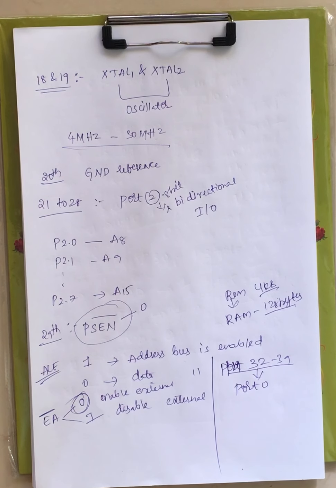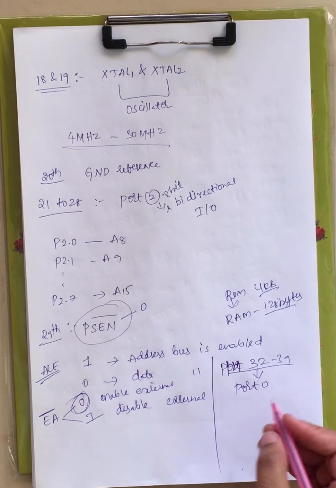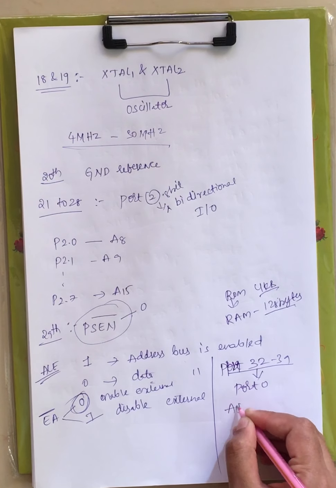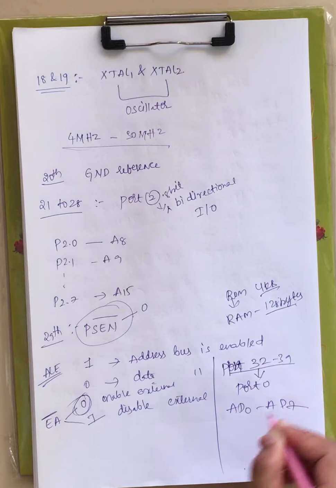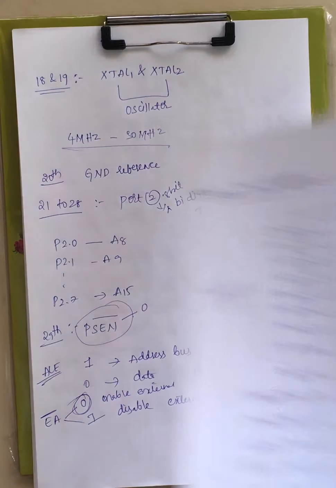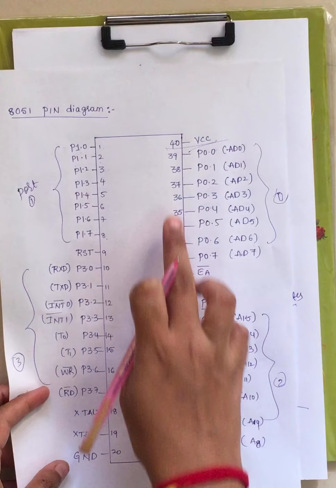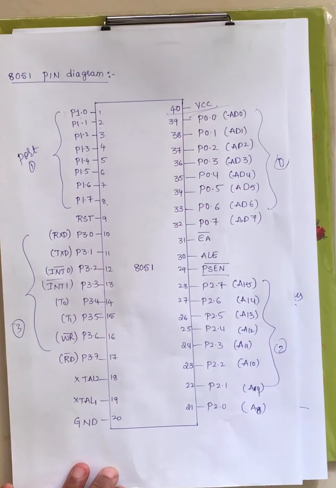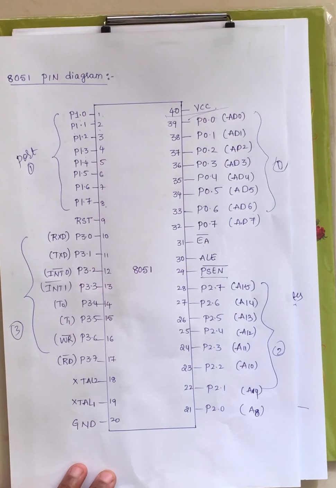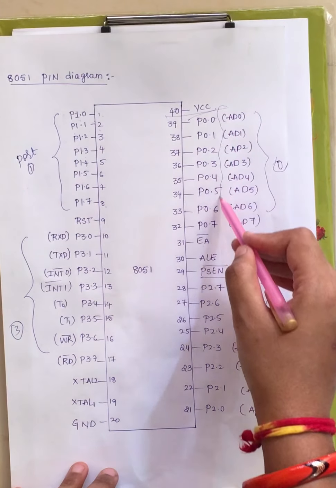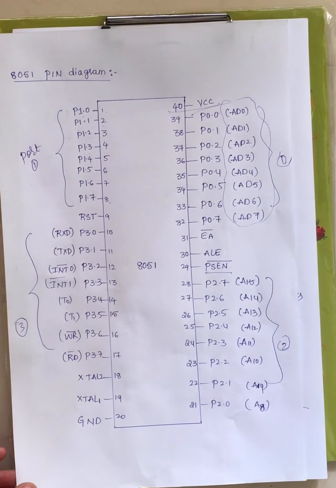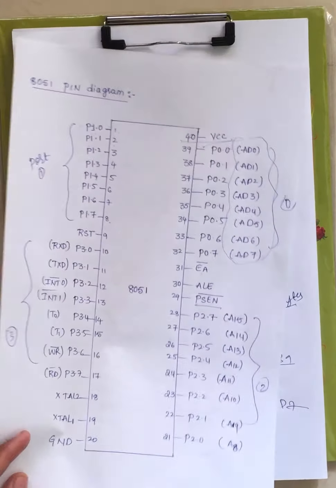If you see this pin diagram, pin number 32 to 39 are given for port 0. It will serve as an IO port. In addition to the IO port, the special function provided for this particular port is multiplexed address lines and data lines, AD0 to AD7, right? Now this is about pin number 32 to 39.